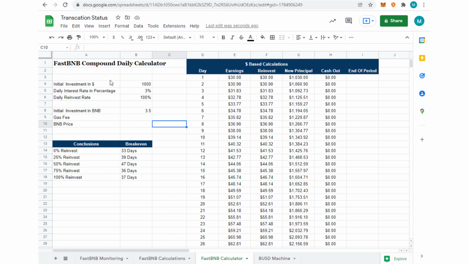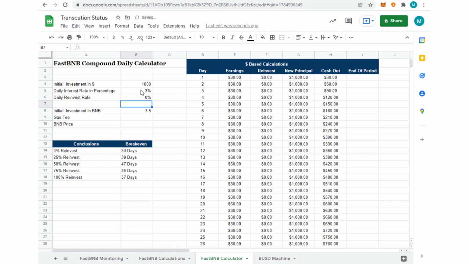It's a compounding calculator. So let's assume my initial investment is $1,000, right? And we know the daily interest is 3%. But also I added the reinvestment rate. So let's assume I'm not reinvesting. If I don't reinvest this money, it would be the same as the calculator I showed you before. So you paid $1,000, you earn $30.